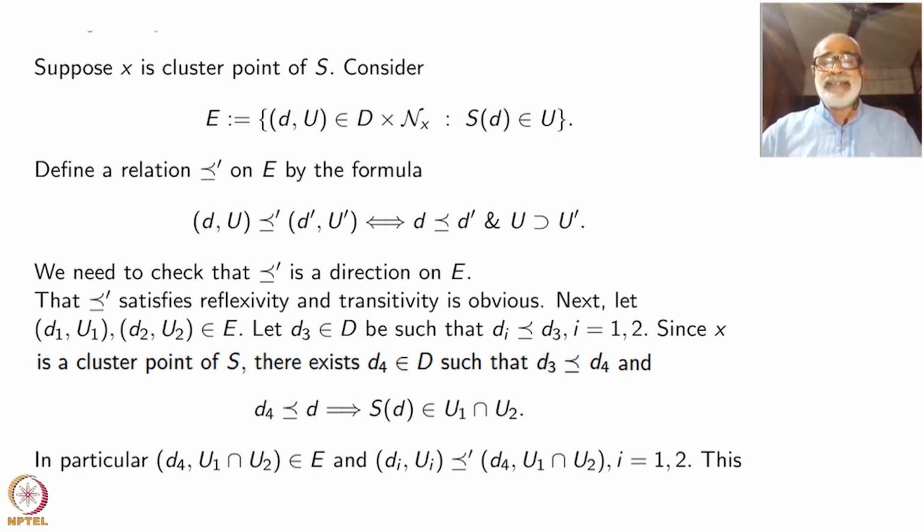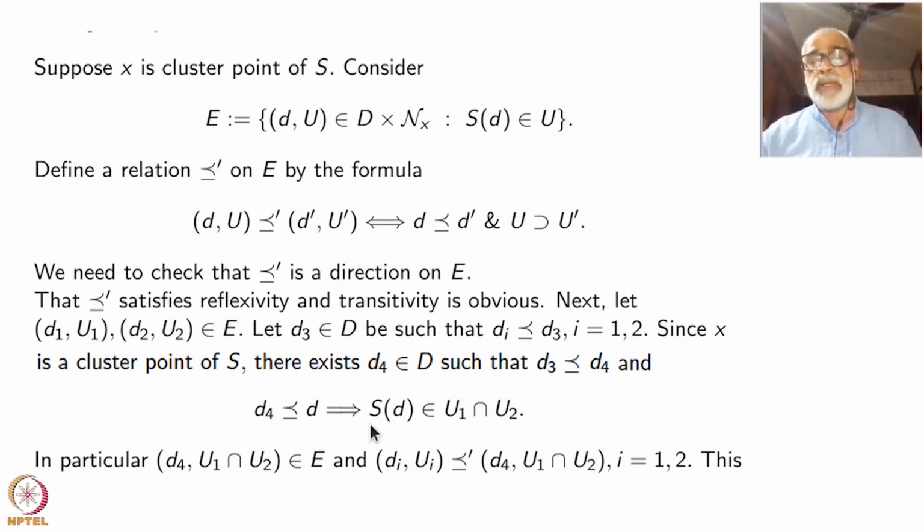Now since X is a cluster point of S, you will get a D4 inside D such that D4 less than or equal to d would imply S_d is inside U1 intersection U2. I am choosing U1 intersection U2 as a neighborhood of X. For that I must have a D4.